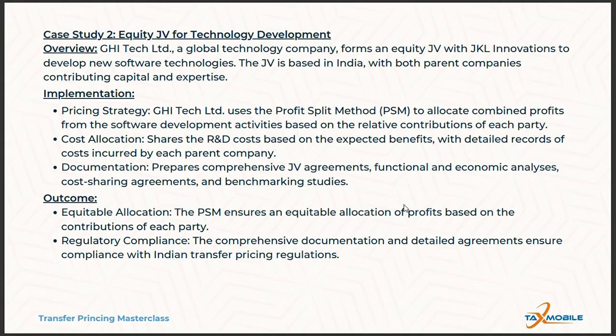Now, equitable allocation: the profit split method ensures profits are allocated fairly based on contribution. On regulatory compliance, detailed documentation ensures compliance with Indian transfer pricing regulations, reducing the risk of tax disputes with the Indian tax authority.